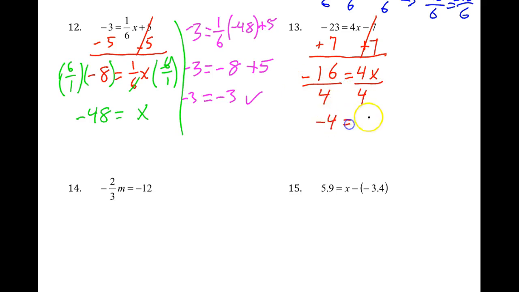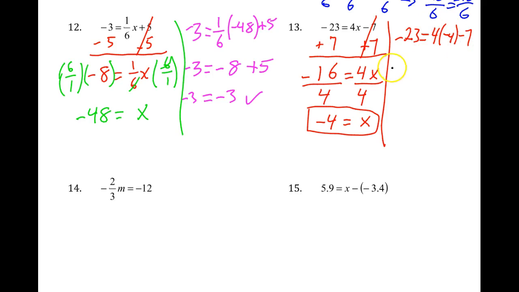Negative 4 will equal x, and we can verify that. So does negative 23 equal 4 times negative 4 minus 7? All right, so we'll get negative 16 minus 7, and negative 16 minus 7 is negative 23. So there we go.